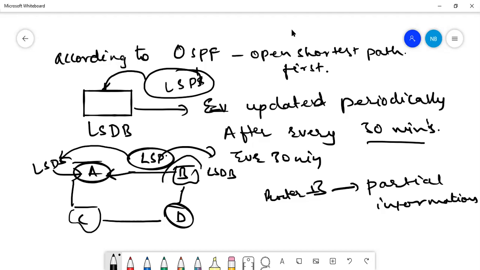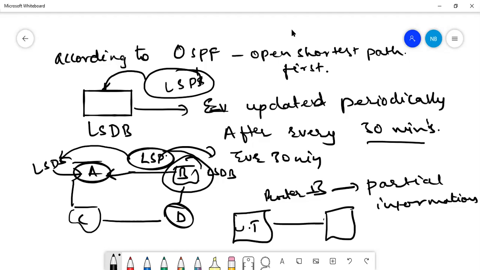Router B will share only the partial information which is updated with the neighbor router, not the whole information. That is the drawback with distance vector. Distance vector will share the whole updated table with the corresponding nodes. Updated tables will be shared among the neighbors.